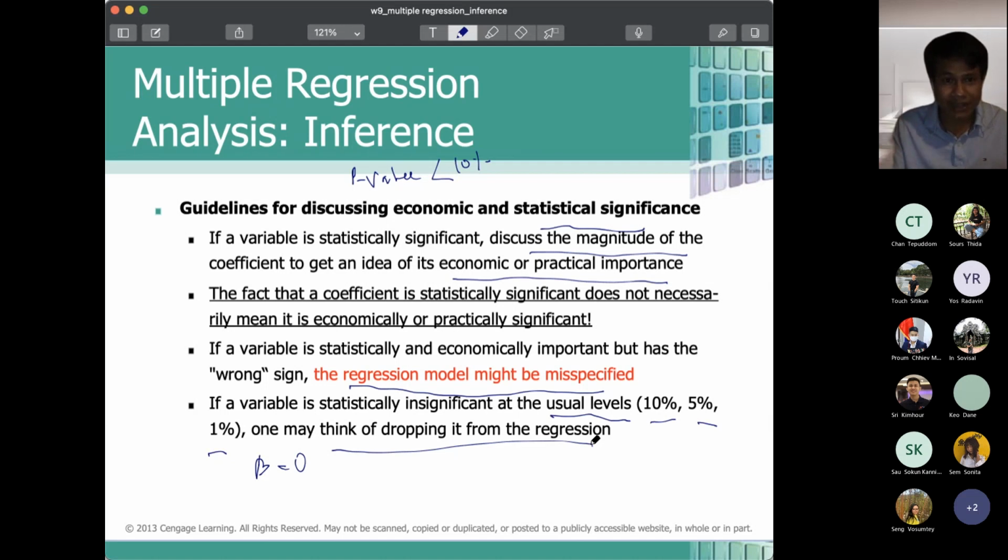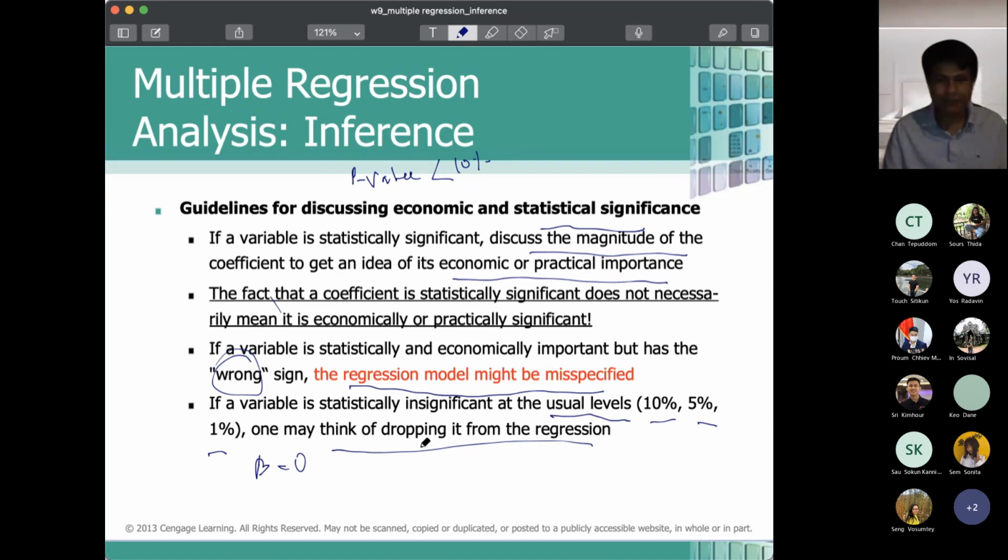When there is multicollinearity, standard error is large, t is small, p is high. So when you find a significant effect but with the wrong sign, double check your model. If you find that it should be significant but it's not, double check if there is multicollinearity or not. I will teach you how to check multicollinearity in data today.